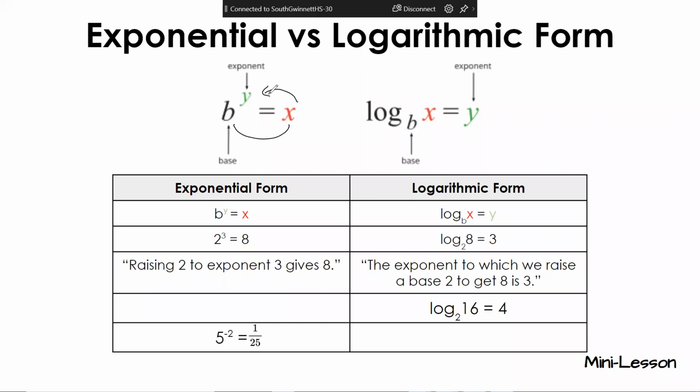When you do the circle of life, this comes first, then the x, then the y. If you wanted to go from log to exponential, same concept. Start at your base, go to the outside, finish over here. So b raised to the y equals x. Circle of life lets you go from exponential to log.